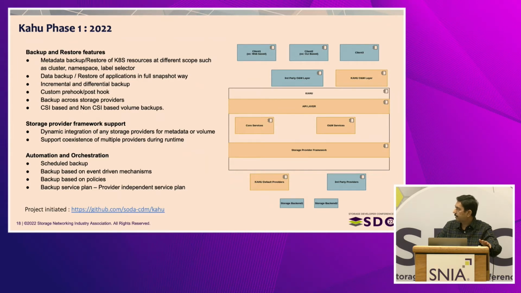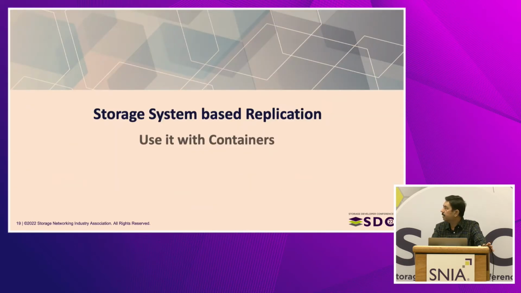So that is something important. I won't go into any more details of Kahoo, but I want to get to the point where we can talk about storage systems based replication and how to use it with the containers.